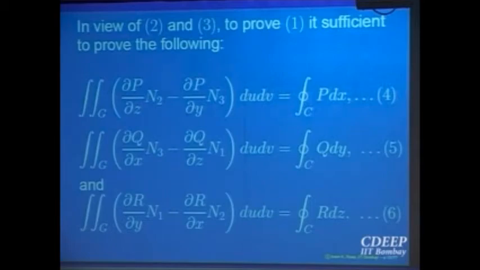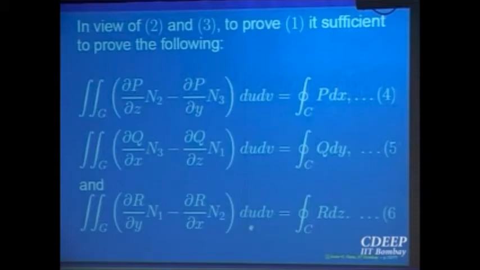Now this will involve P. P is a function of 3 variables x, y and z, but it involves n2 and n3 only, the component of the normal in the y direction and in the z direction. X is not entering into the picture. So here we are going to use the fact that your surface is projectable onto the xy plane and compute this. For the second one, we'll use the second one, and for the third one, we'll use the third one.